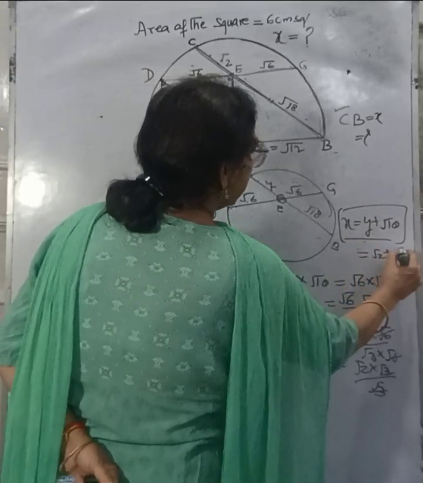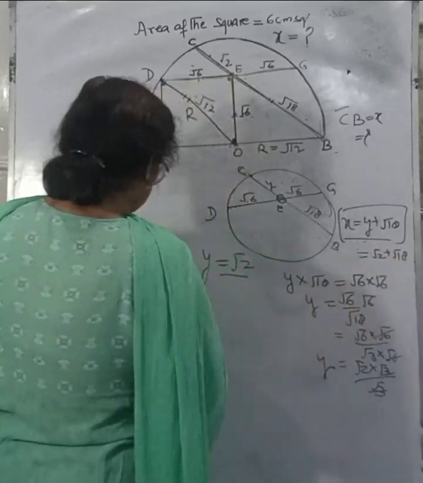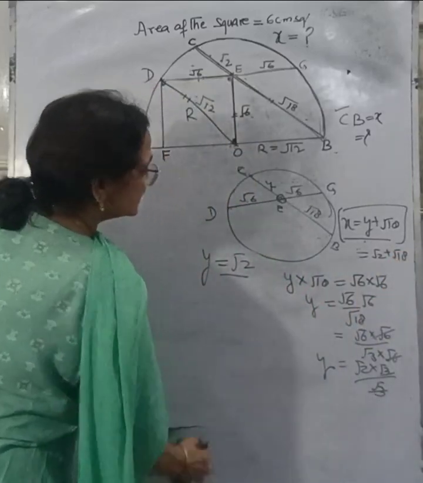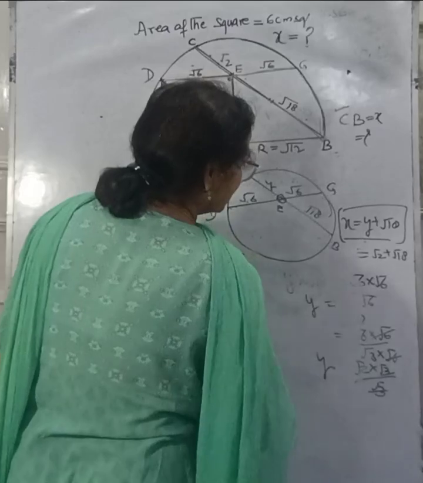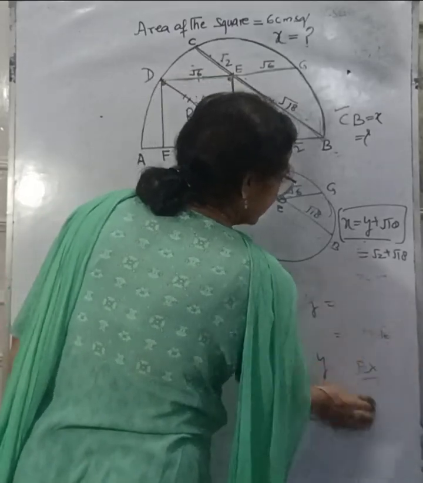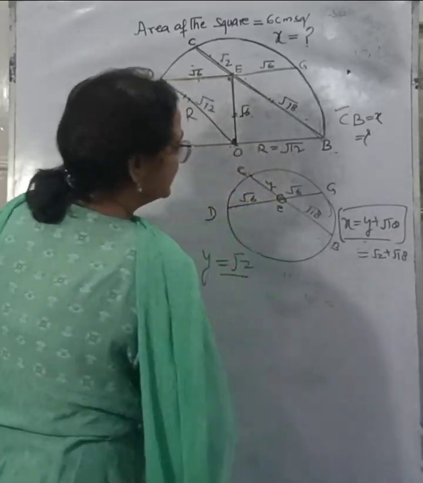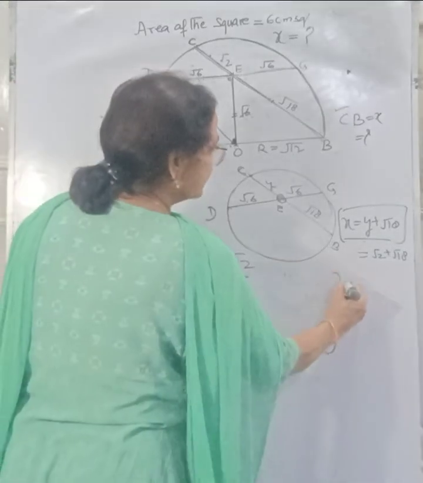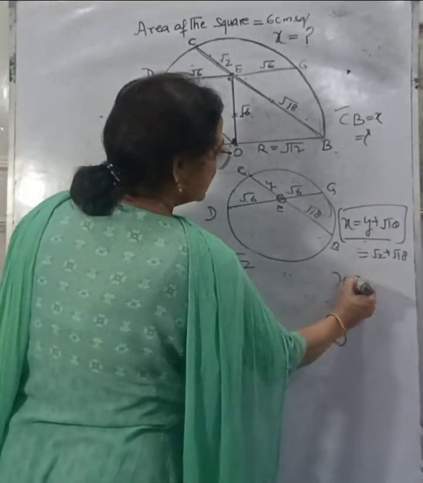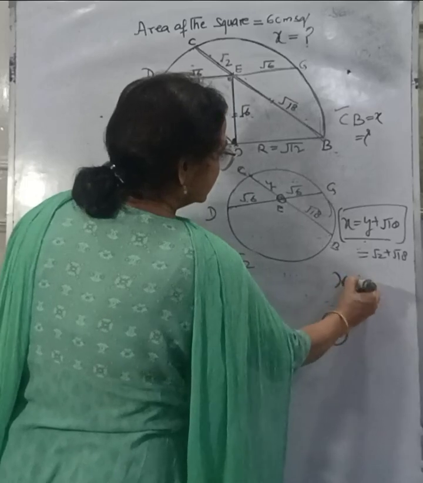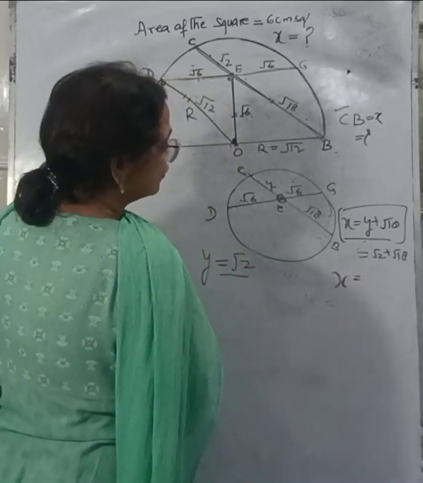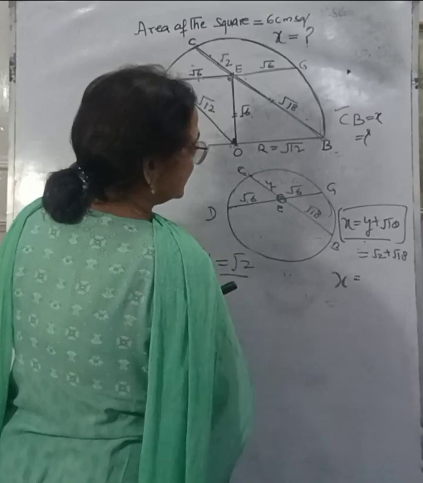plus root 18. You can write it as such, but you can also solve this further. x will be equal to root 2 plus root 18.